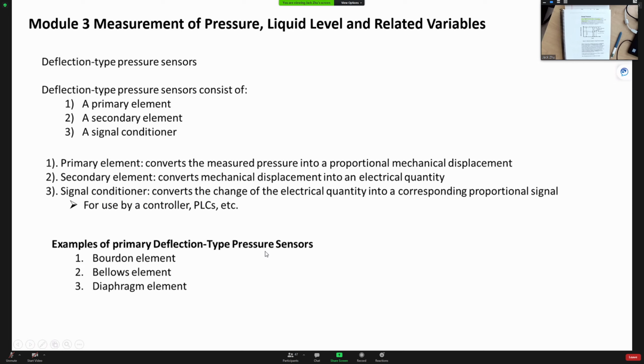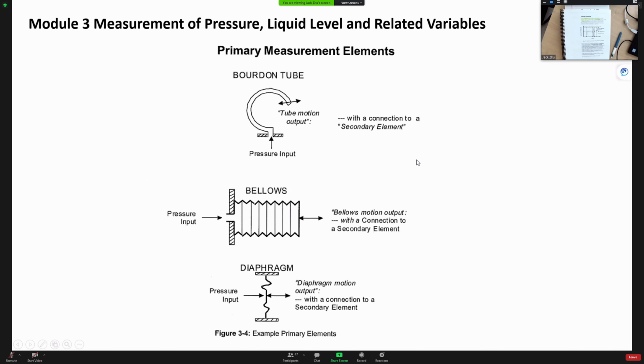The deflection type pressure sensors have 3 common types: Bourdon tube, bellows, and the diaphragm. A Bourdon tube, the picture will look like this. The pressure getting in there, it's a coiled tube, and the pressure will make this tube stretch.